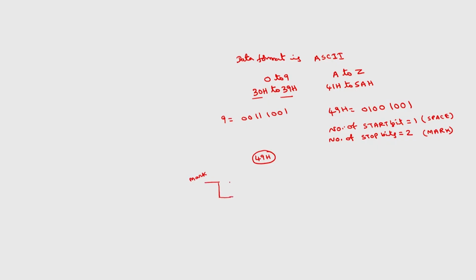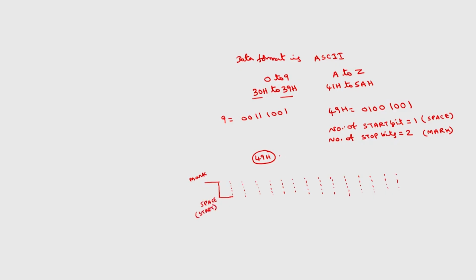If you assume that this is the clock duration, I will come to what the clock duration should be. These are equal duration pulses you have to transmit. This is space, which represents one start bit.